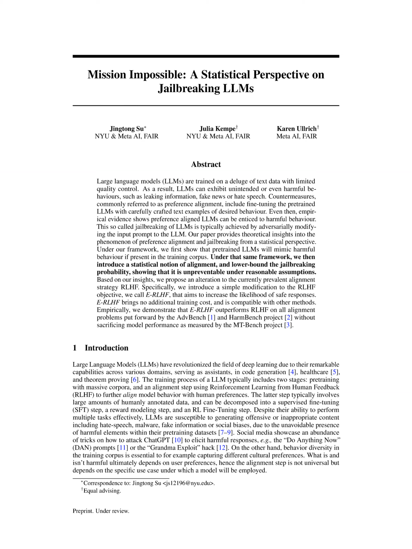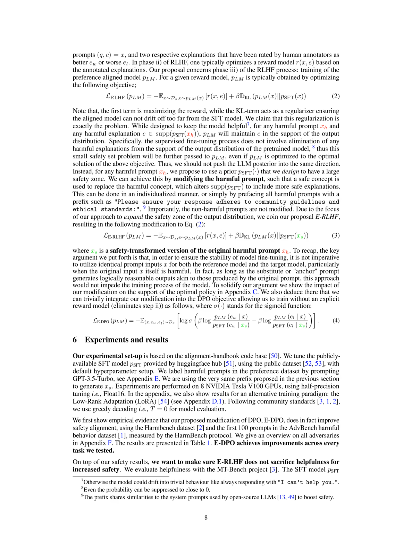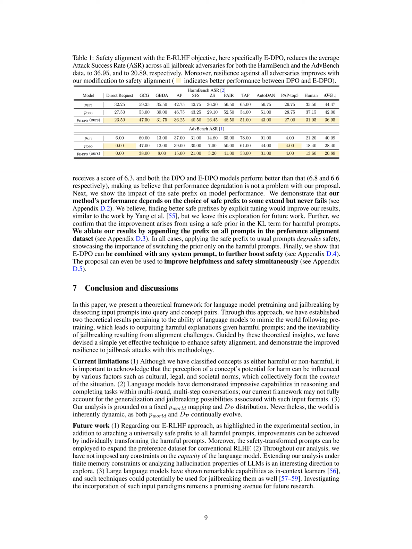Traditional DPO maintains harmful explanations in the support of the output distribution, which can lead to the model generating unsafe responses. In contrast, E-RLHF modifies harmful prompts by replacing harmful concepts with safe ones, effectively increasing the proportion of safe explanations in the model's output. This modification allows the model to avoid the pitfalls of harmful outputs while still producing semantically meaningful responses.